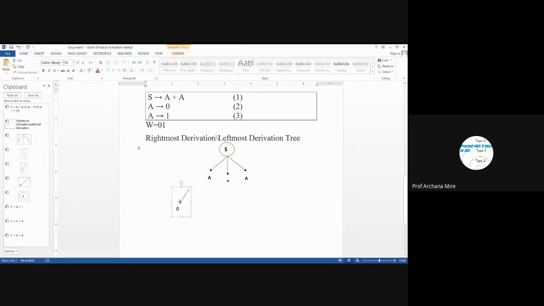So we will be getting here 0. That is production rule number 2, A leads to 0. Let's apply the third production rule. So here it is A leads to 1. That is our third production rule. So once again we are getting the string 0 plus 1 by using this derivation tree.